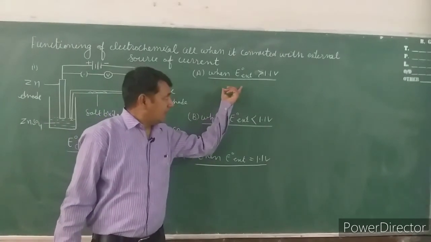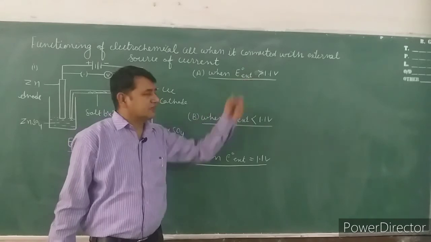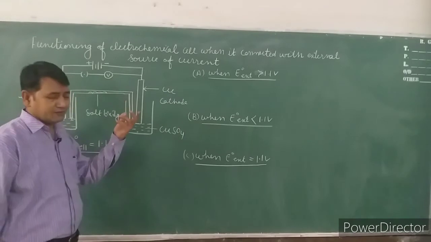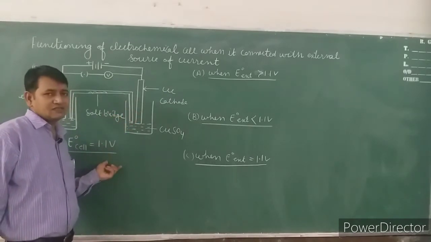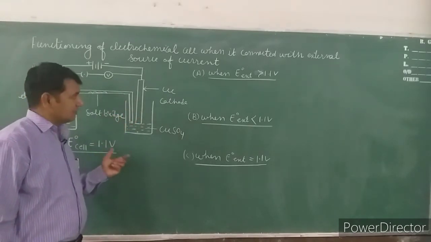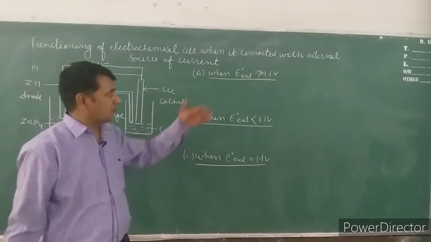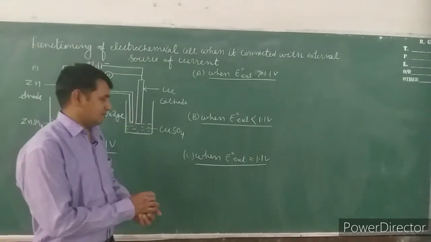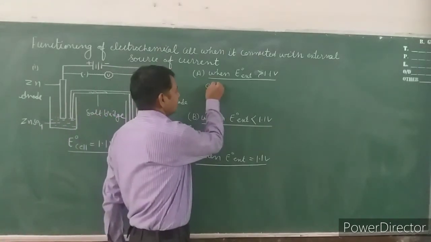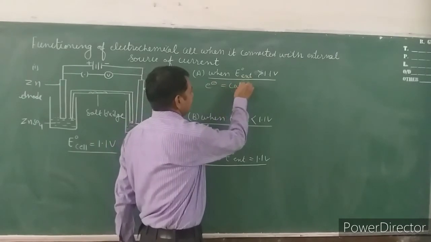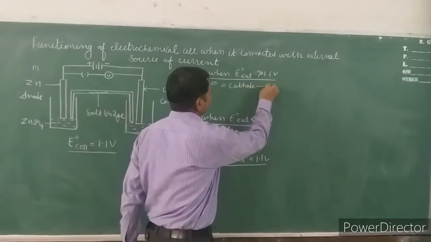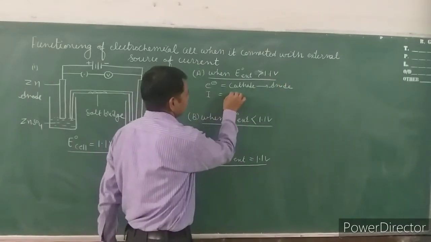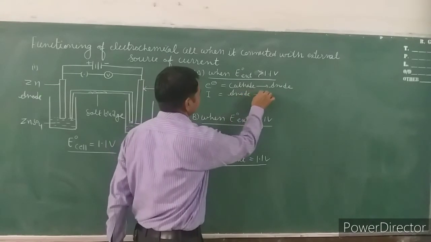First, when external potential is greater than 1.1 volt. We know very well, when the external potential is greater, it means the Daniell cell potential is less. So in this condition, the potential will flow from the outer side to the inner side towards the Daniell cell. In that situation, the direction of movement of electrons will completely change and it will be cathode to anode, and the current direction will be anode to cathode.